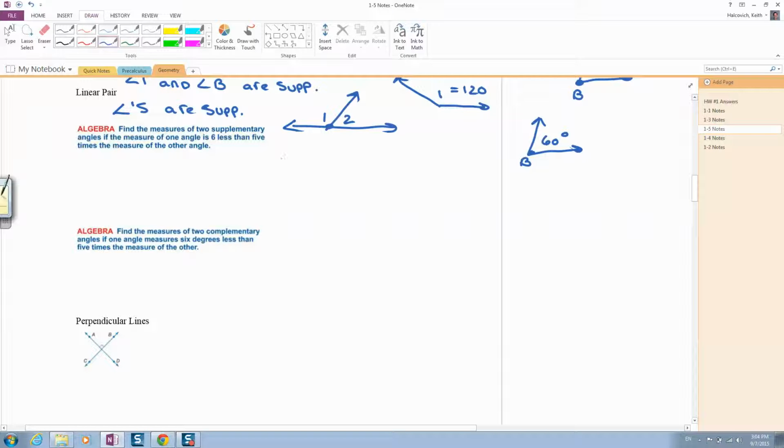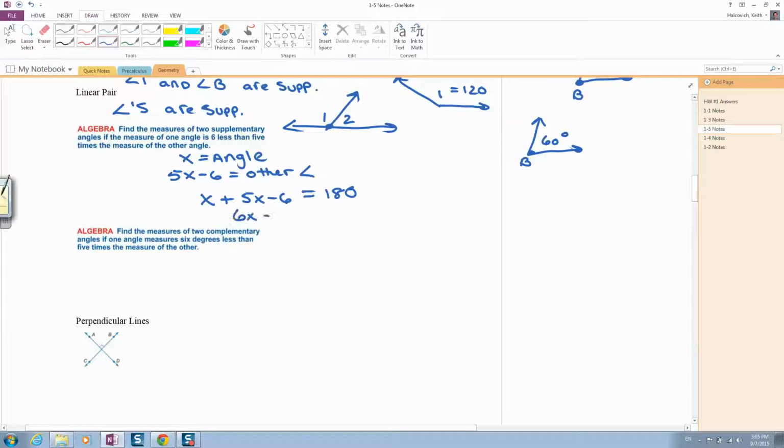Find the measure of two supplementary angles if the measure of one angle is 6 less than 5 times the measure of the other. So we'll let x equal the angle, and then 5x minus 6 is the other angle. And when you add those up, it equals 180.